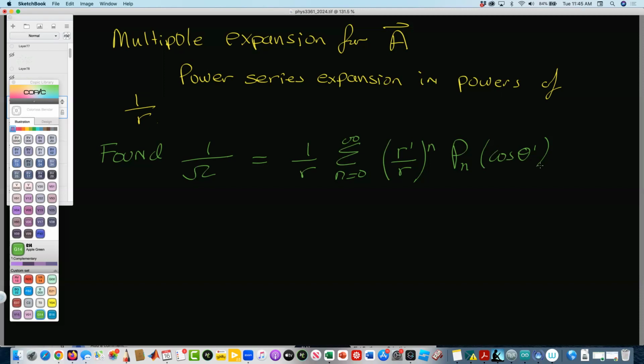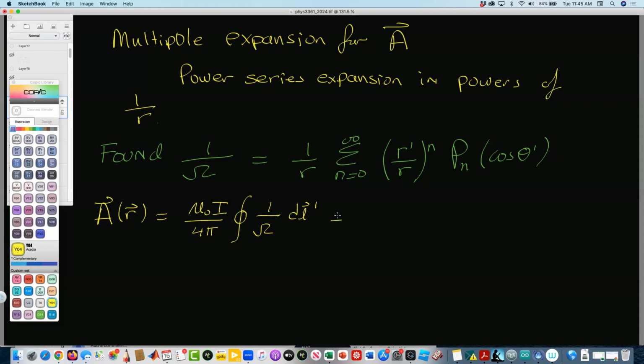We know that A of R is going to be, for, let's just say, a line current. This is good for any other kind of current too. And this is going to be around a loop, right? 1 over omega dl prime. So we're going around a loop, an Amperian loop in this example.